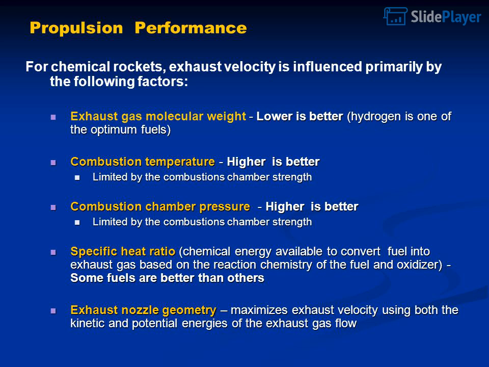Combustion chamber pressure, higher is better. Specific heat ratio, chemical energy available to convert fuel into exhaust gas based on the reaction chemistry of the fuel and oxidizer. Some fuels are better than others. Exhaust nozzle geometry maximizes exhaust velocity using both the kinetic and potential energies of the exhaust gas flow.